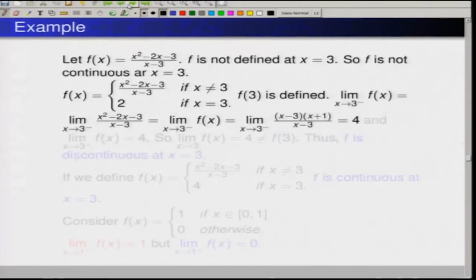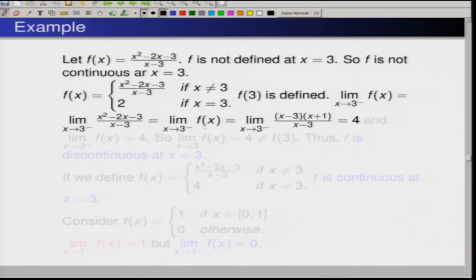If that happens, then we can say that f is continuous at 3. So, f of 3 is given. Now let us calculate the left hand limit and the right hand limit. In order to say that the limit exists, we need to calculate the left hand limit and right hand limit. So, f of x equal to (x square minus 2x minus 3) by (x minus 3).